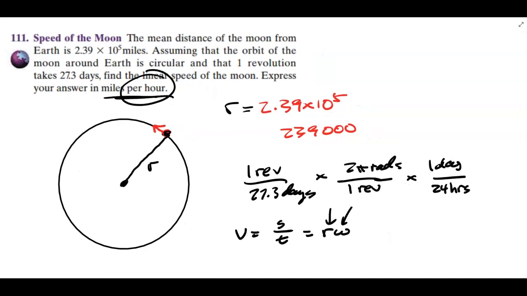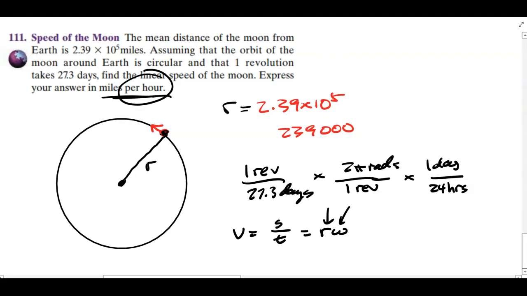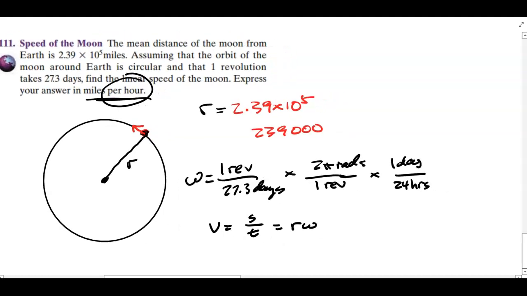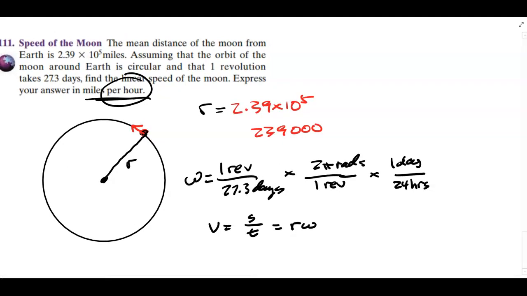And so the W is revolutions per day. You convert that to radians per hour. So let's see if things canceled here. Revolutions cancel, and then days cancel, and you got radians per hour, and that's what you need.